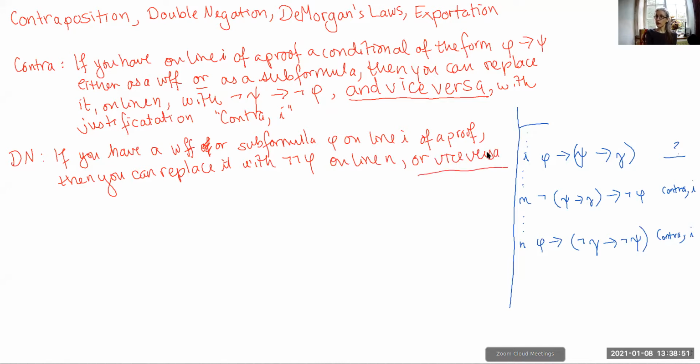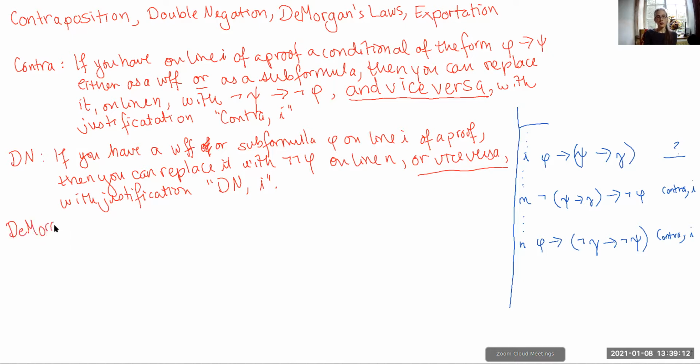So you can go from the double negated form to the form without the negation. And this is with justification, double negation, line I. Same justification whether you're adding the negations or removing them.